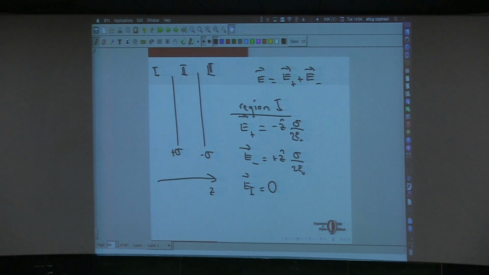Of course, there are a few assumptions that we have made. We had assumed that these plates are infinitely long. Unless these plates are infinitely long, this will no longer be true. And just also note that when I'm considering this E minus, I just ignored this plate, this charge distribution. It doesn't affect E minus.